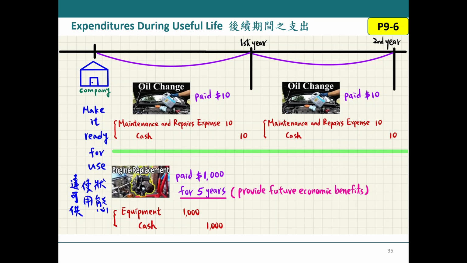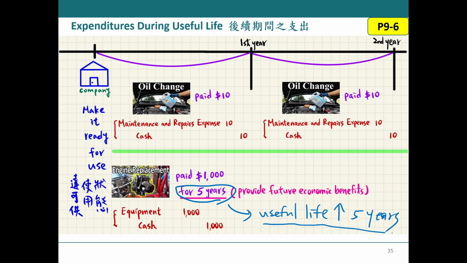But when you spend the money to change the engines, and the engines could last, did you find out, for 5 years, means what? Increase your useful life. So you can use the machines, the cars, 5 years more, right? So useful life increases 5 years.